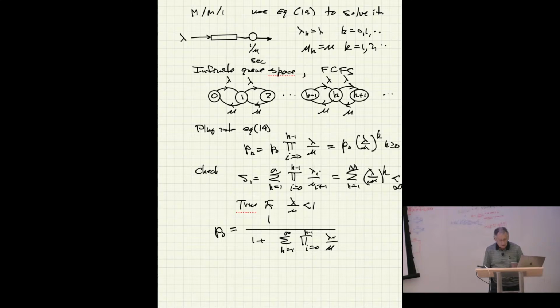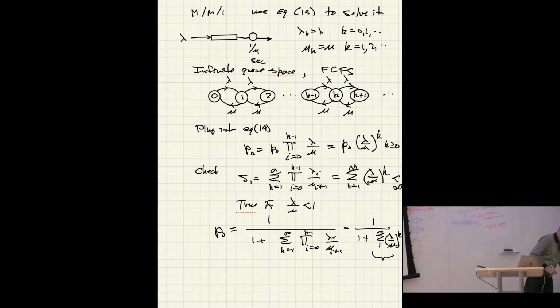Lambda_i over mu_(i+1), which is simply 1 over 1 plus the summation of (lambda over mu) to the k, and that's going from 1 to infinity. And what is this sum I just wrote down? You've done this enough times in homework. Anybody? I'm hearing yes.